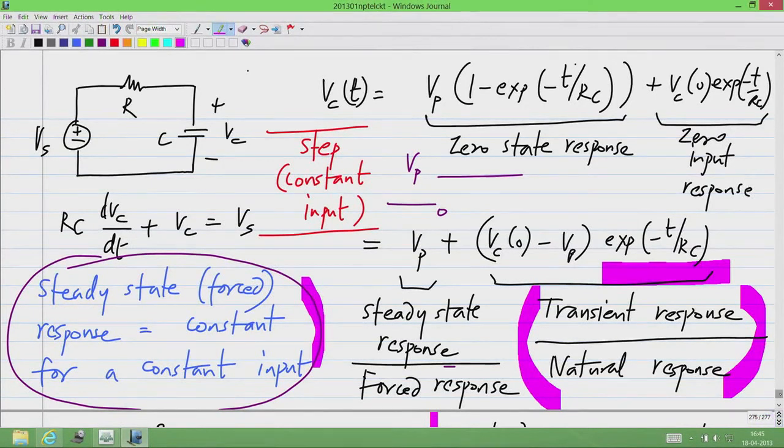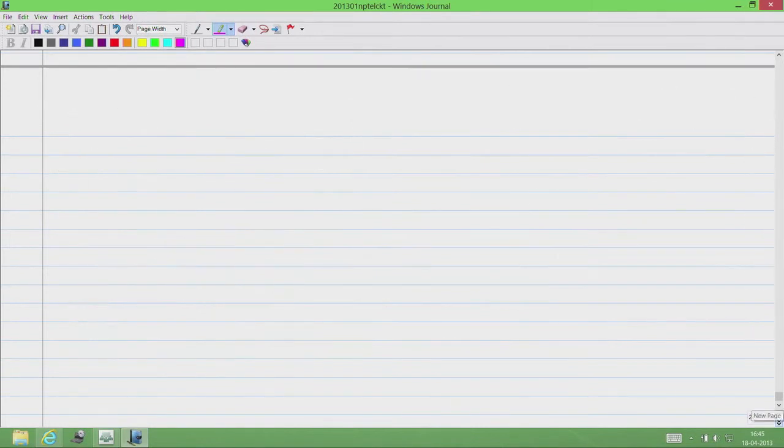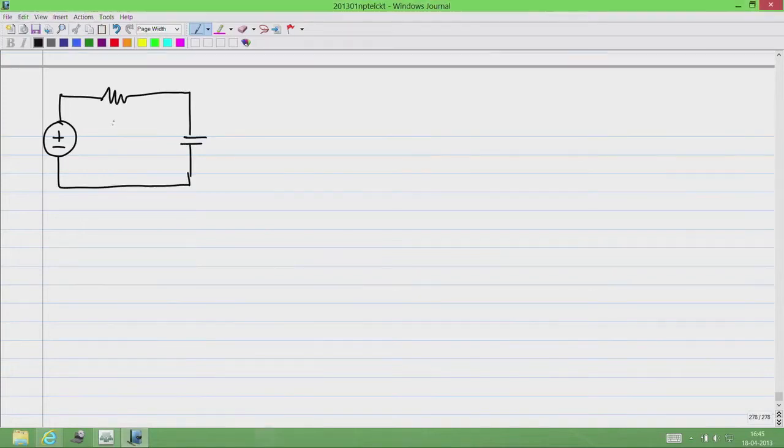So, let me write it down for the first order case again. Now, we know the exact solution for this, okay.